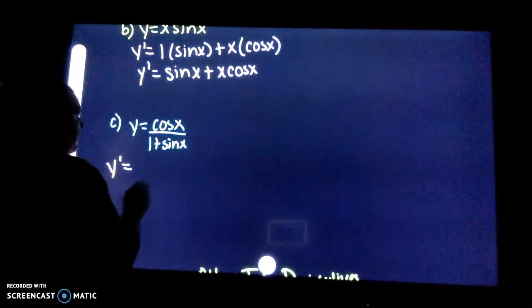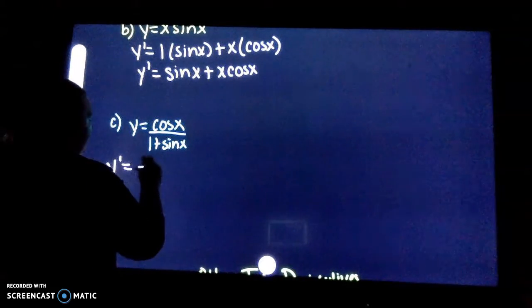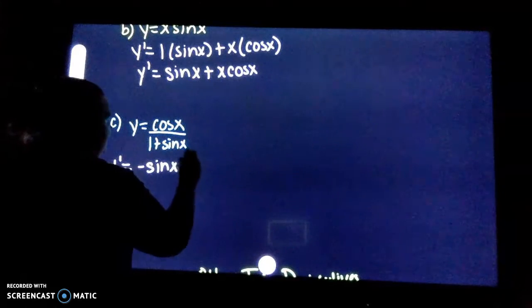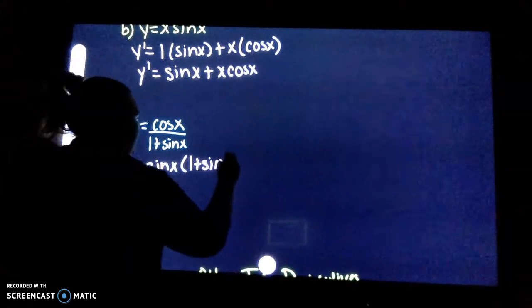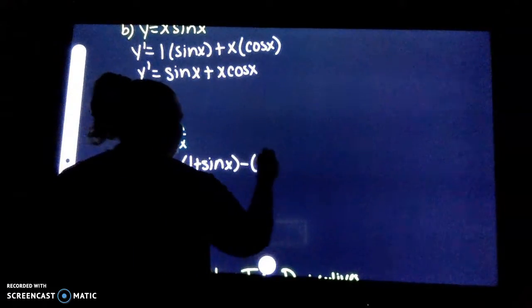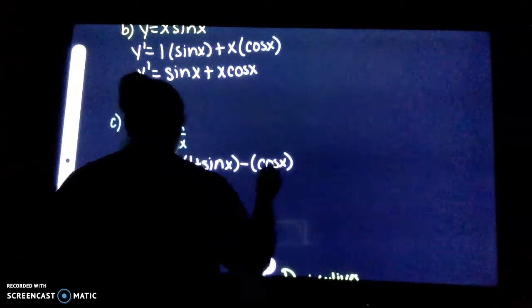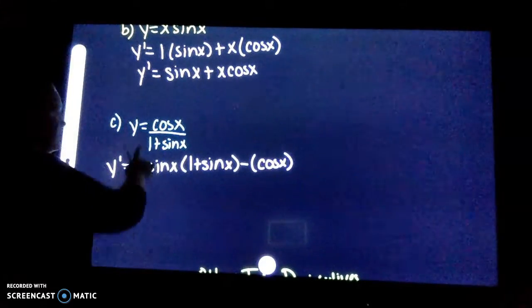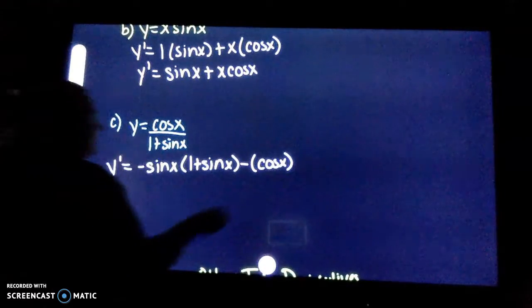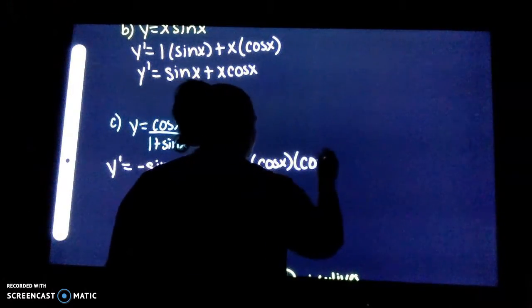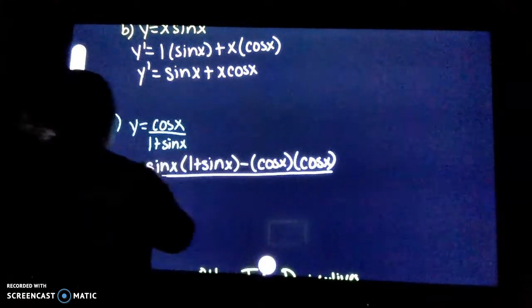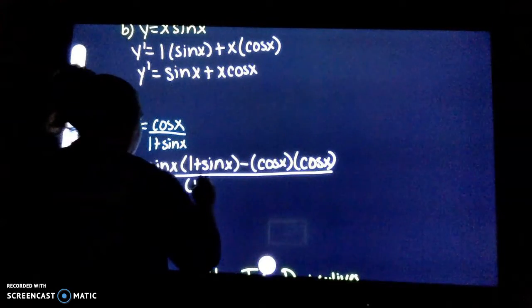So I start with the derivative of the numerator, which is negative sine of x, times the original denominator, minus the original numerator, times the derivative of the denominator. Derivative of 1 is 0. Derivative of sine is cosine. All over that denominator squared.